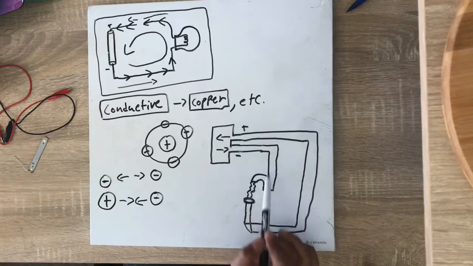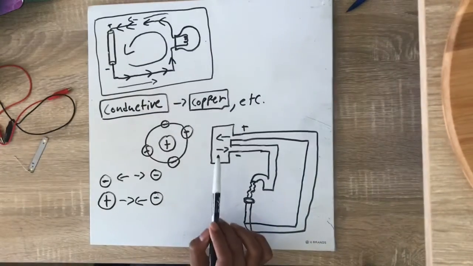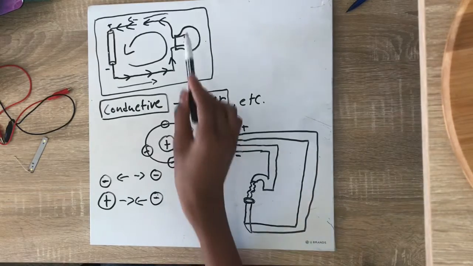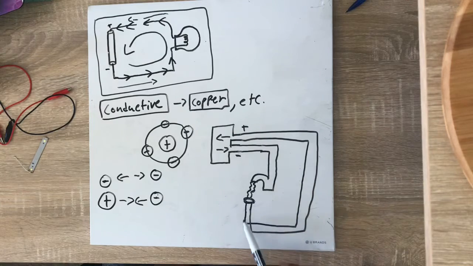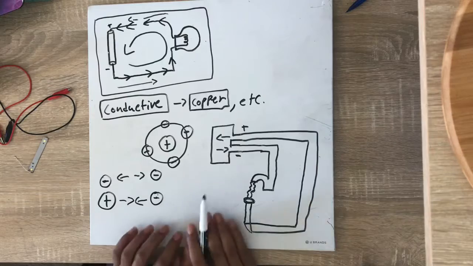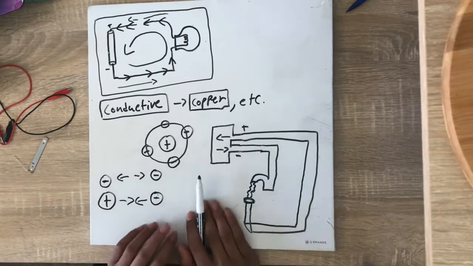So you can see by this very simple analogy, if we use a battery as a water tank and we use a faucet like a light bulb, the water will flow through and back into the water tank. So this is the basic analogy about how a circuit works.